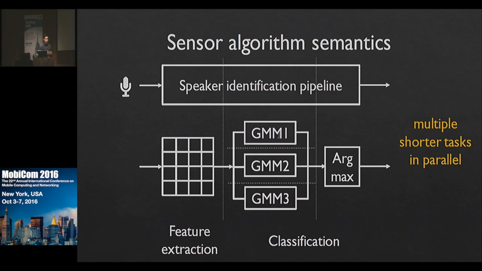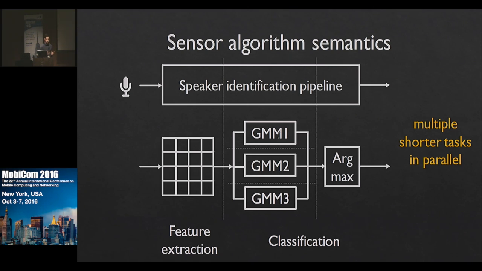So LEO exploits sensor algorithm semantics by predefining the partitioning points of the sensor pipelines. And it does this so that it can work on multiple shorter tasks in parallel. I'll give you a concrete example of the speaker identification pipeline. This pipeline has 2 major stages, feature extraction and classification.